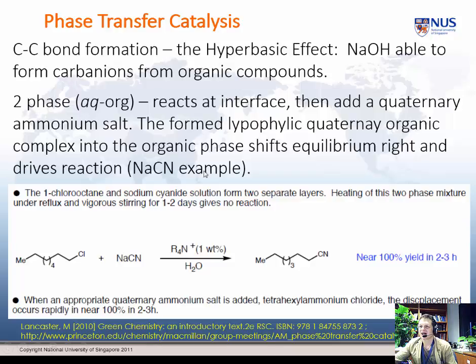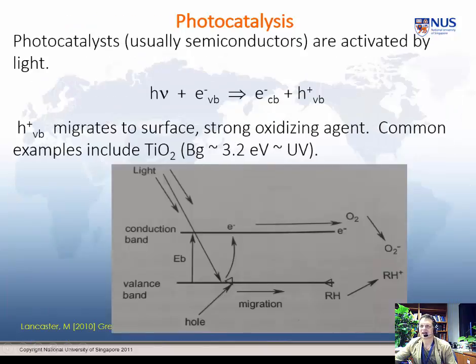It reacts at the interface, and then the equilibrium is shifted to the right and you get very high yields. Again, I'll let you walk through these examples. I don't want to be here forever, basically, because this lecture could go on and on. It's a very large field.